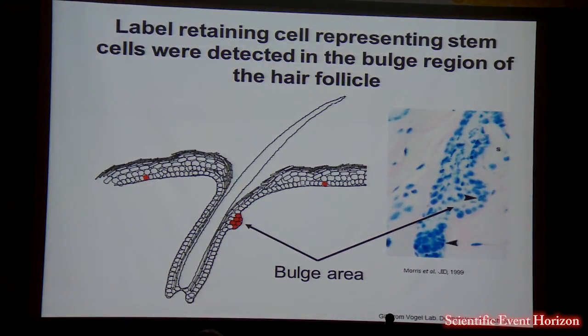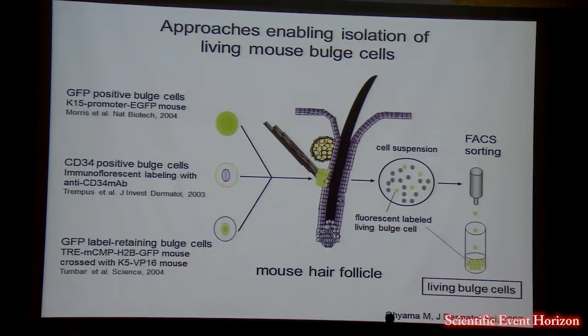As we all know, the label-retaining cell technique detects the epithelial hair follicle stem cells in the bulge region of the hair follicle. In the case of mice, elegant transgenic approaches like GFP labeling, or using the cell surface marker CD34, enable the isolation of living bulge cells.